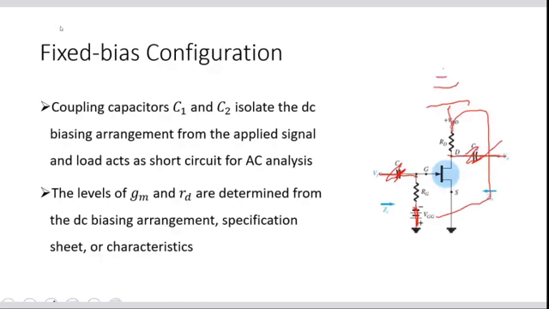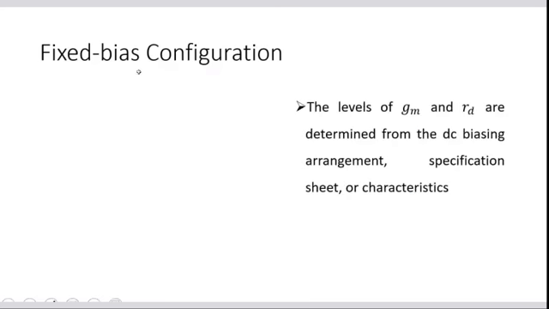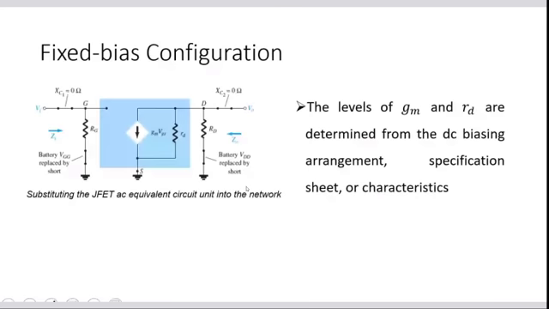Here you can see VGG is short circuited, capacitor C1 is short circuited, capacitor C2 is short circuited, and finally we replace the JFET with the equivalent AC circuit. You have to make sure you have the proper terminals connected to the proper resistors.